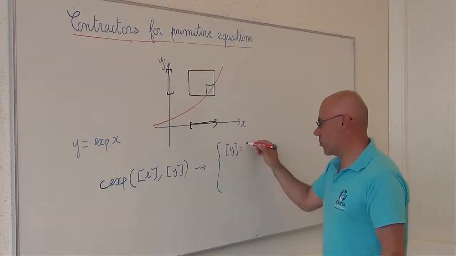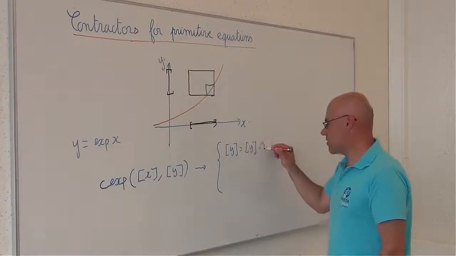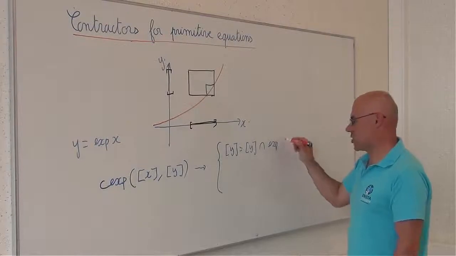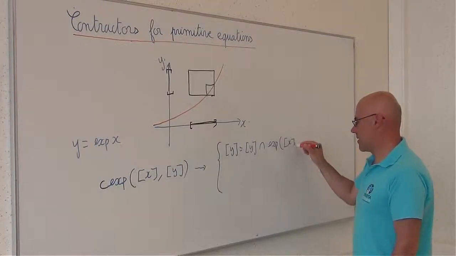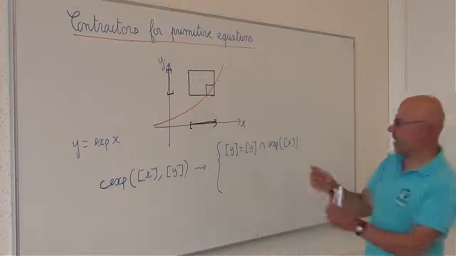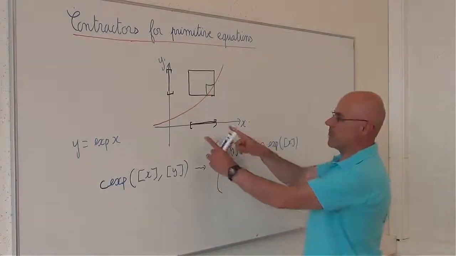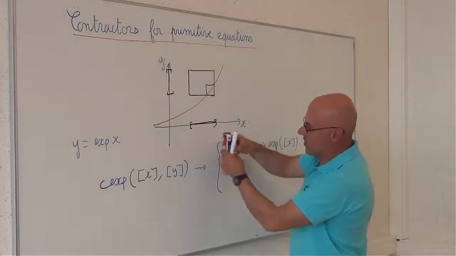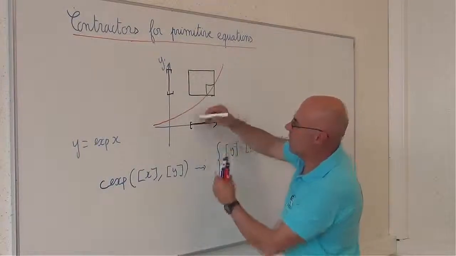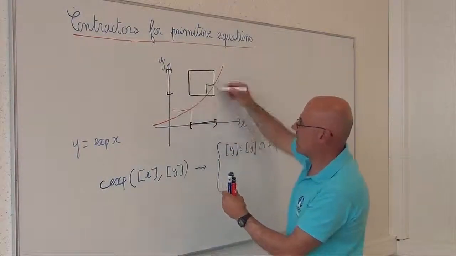The corresponding algorithm will be the following. y equal to y intersected with the exponential of x. If I do this, I will compute the exponential of x, which will correspond here to this and this.